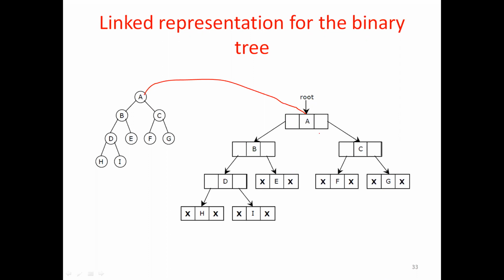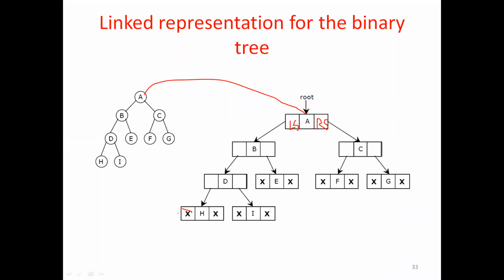We have seen the coding also. For each node, we are declaring 3 variables. This is the left pointer, nothing but the left subtree, and this is the right subtree. Every node in a tree will hold the left subtree, the right subtree and the data or information.